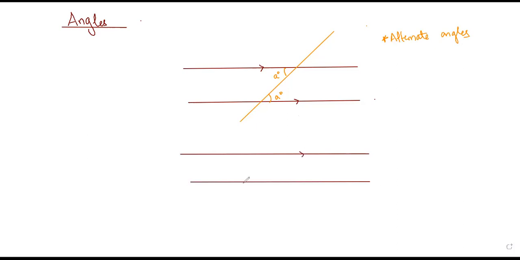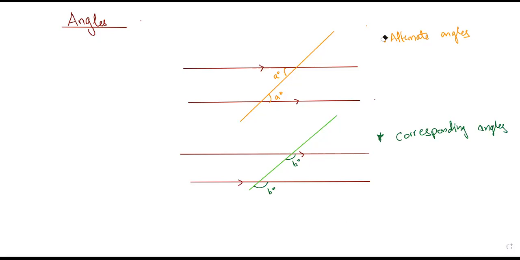First I'll make the parallel lines and then I'll cut them by a transversal. The idea is that this angle is equal to this angle. If this is B degrees, this is also B degrees, and we call them corresponding angles.